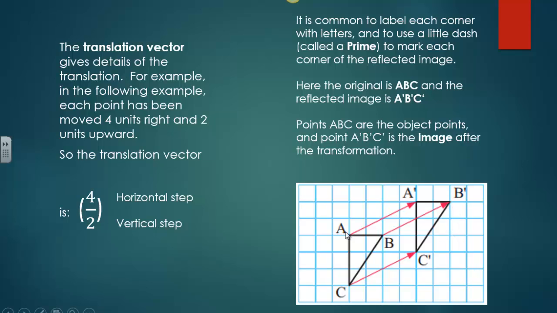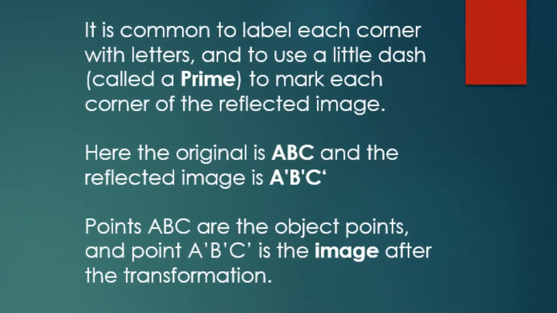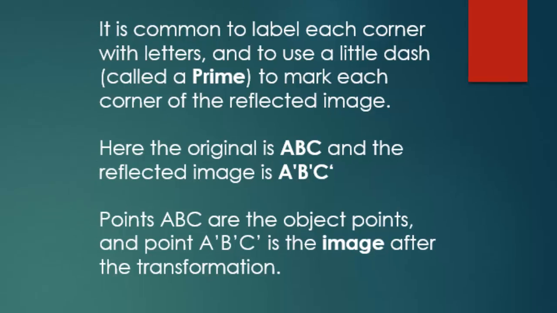It's common to label each of the corners of your shape with a capital letter to distinguish your vectors, okay? So when you do the image, the resulting image has a prime mark after it to show the difference between the original object or shape and then the resulting image after the transformation.